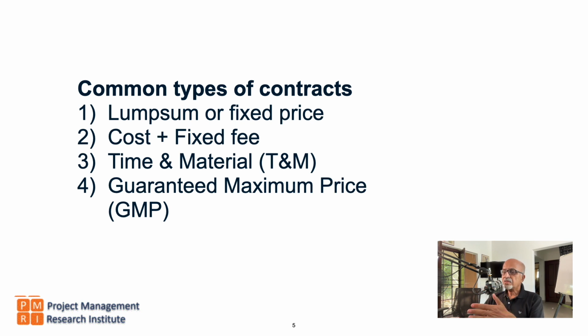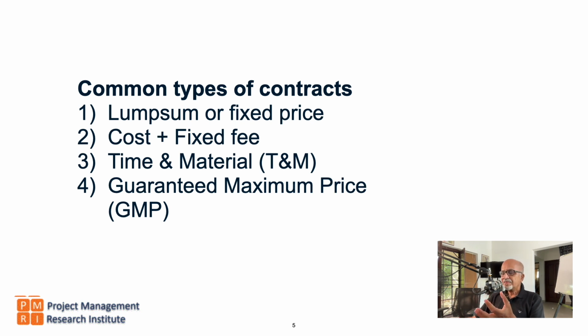If the actual cost is less than the quoted price, the contractor will make a profit. But if the actual cost is more than the quoted price, then the contractor can make a loss. So in all fixed price contracts, the cost risk is with the seller or the contractor.